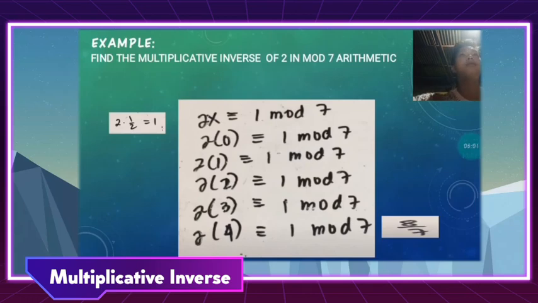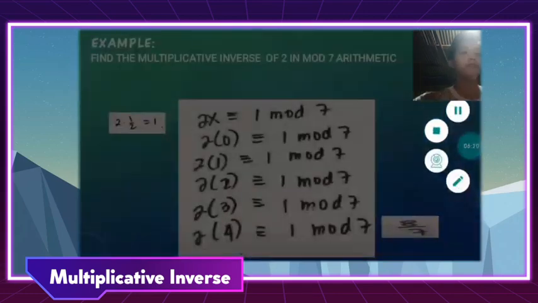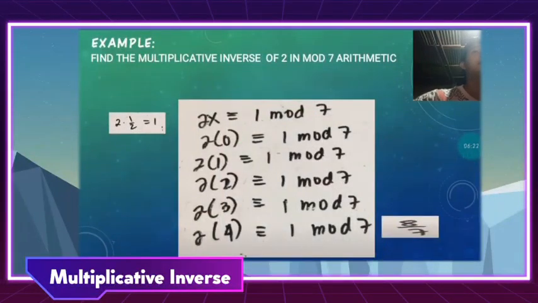And the same concept applies if we are using modular arithmetic. Since the product is equal to 1, that is our remainder, just like in the additive inverse. So this is a given congruence. We have the product congruent to 1 modulo n. The modulus depends on the given.